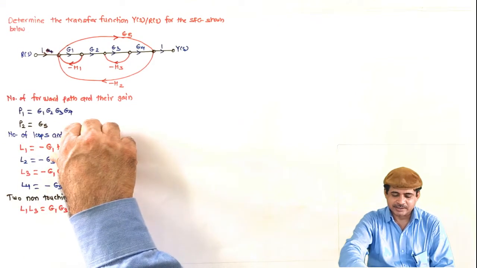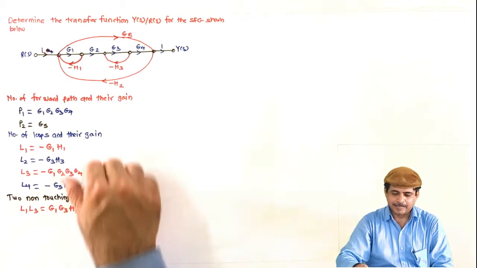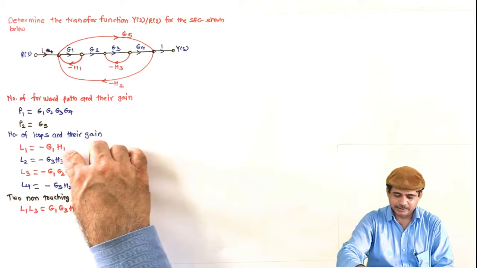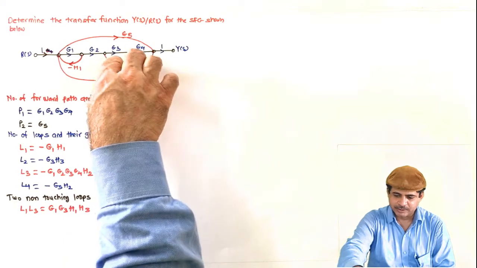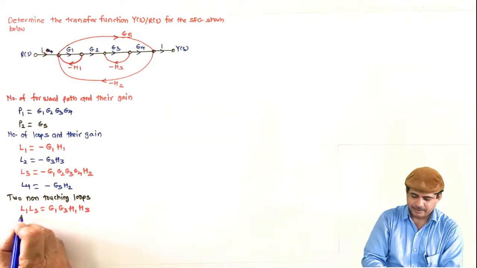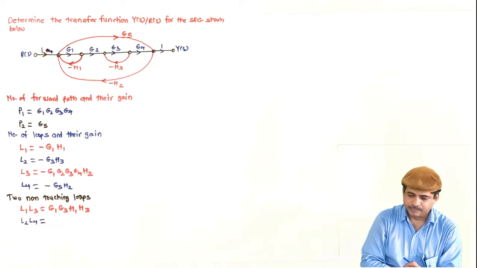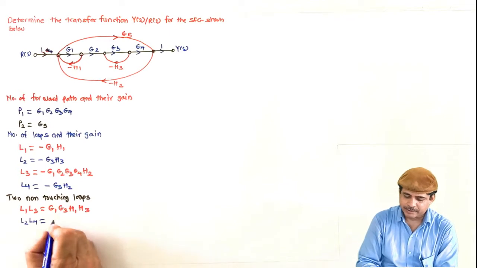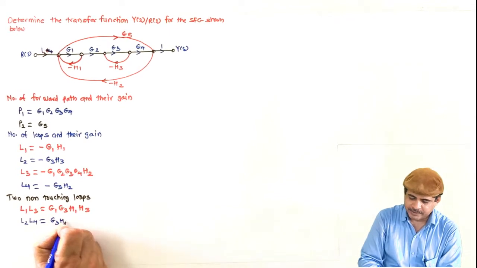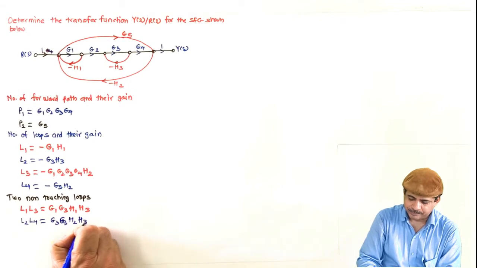Discard. Now check for L2 L3, G3 is common, discarded. L2 L4, nothing is common, so this is L2 and this is L4. Yes, L2 L4 is also a non-touching loop pair, and their product is G3 G5 H2 H3.